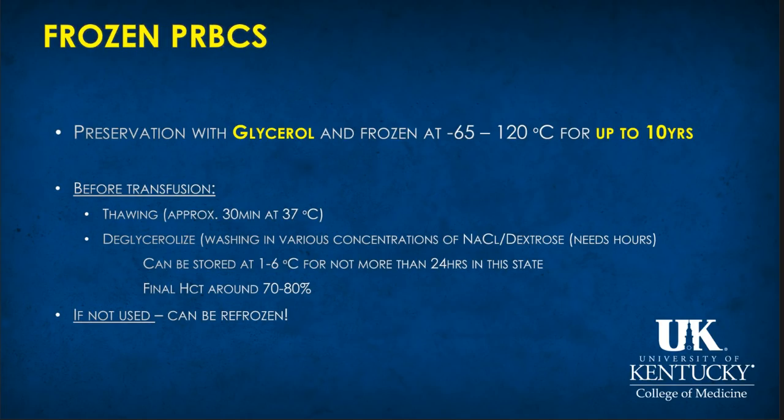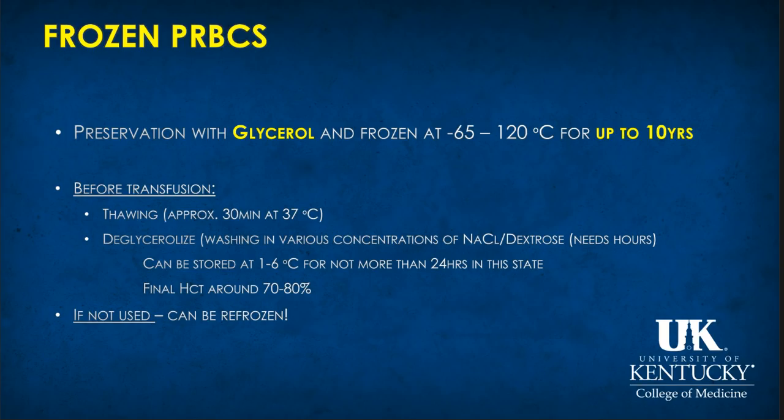One completely different way to preserve packed red blood cells is by freezing them. The preservation here by adding glycerol allows you to store those packed red blood cells at -65 to -120 degrees Celsius, and we can keep them at this temperature for up to 10 years.